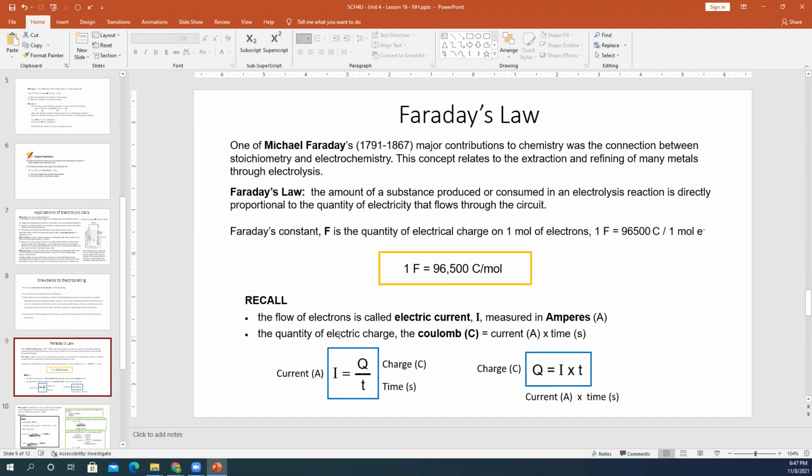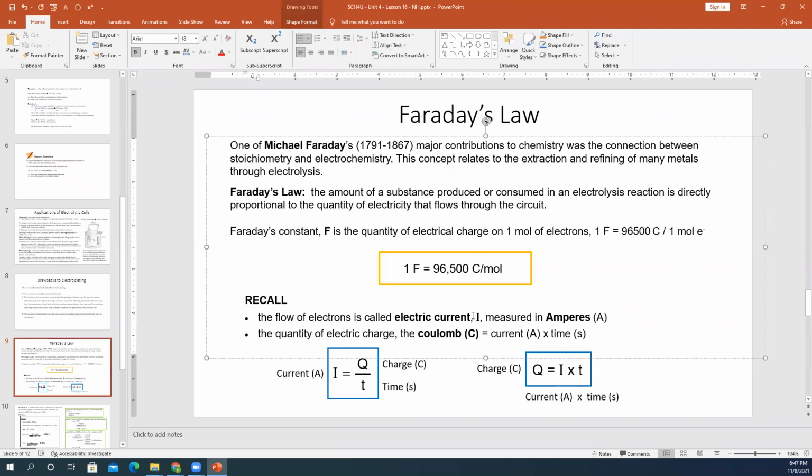If you remember from previous courses and physics, the flow of electrons is called electric current. It's given the symbol I, and it is measured in amperes.